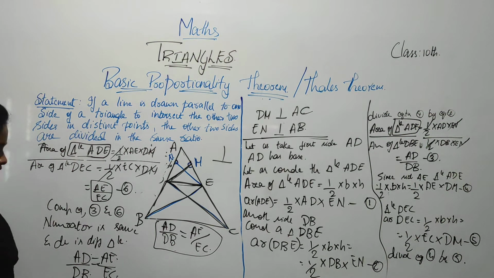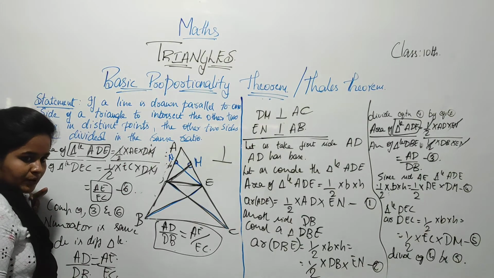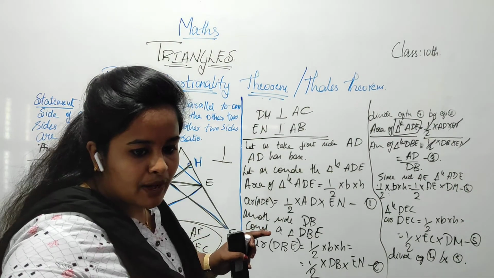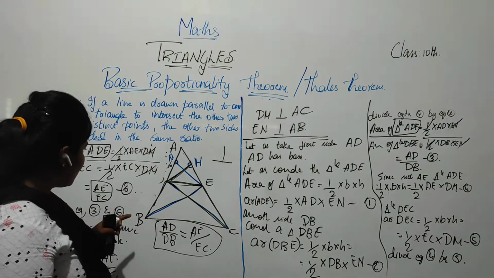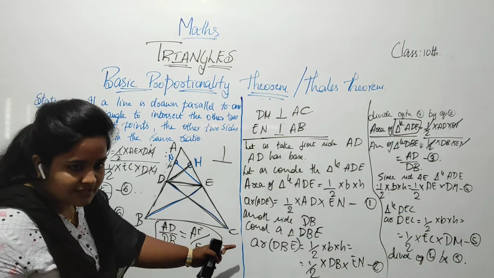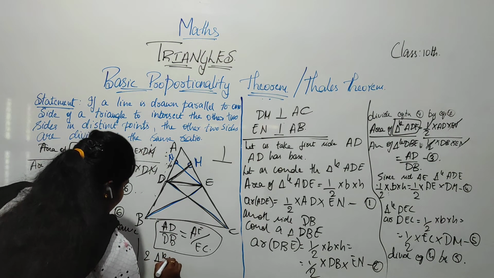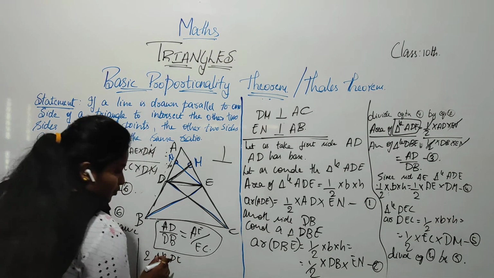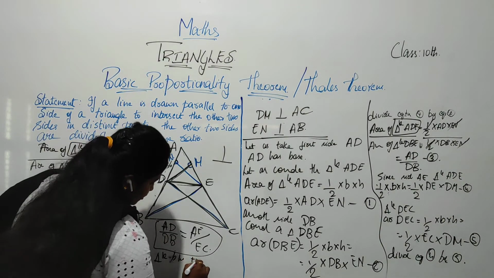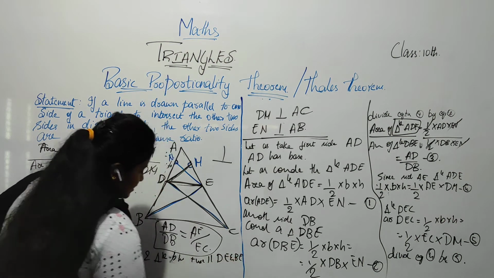So observe here the two triangles between two parallel lines, DE and BC.